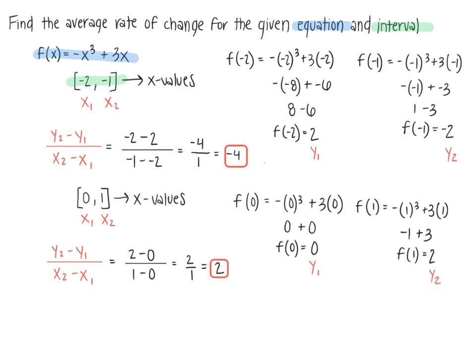Before we end this video, let's talk about why average rate of change is so important. Here, as you can see, we have the same equation, but we have two different rates of change for the two given intervals. On the first interval, the rate of change was -4, and on the second interval, the rate of change was +2.